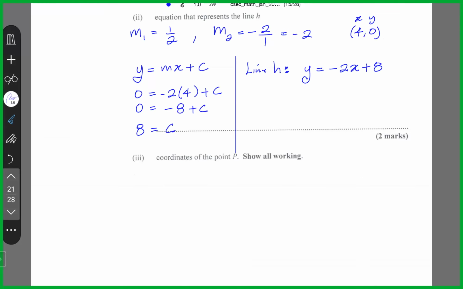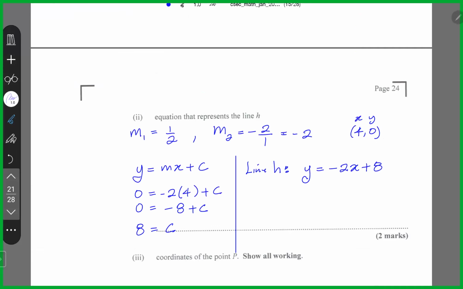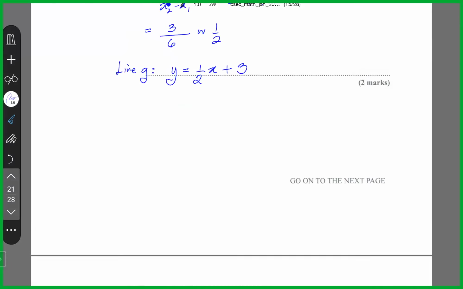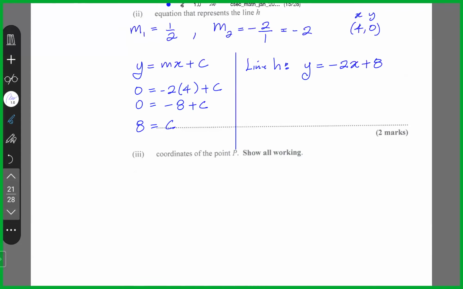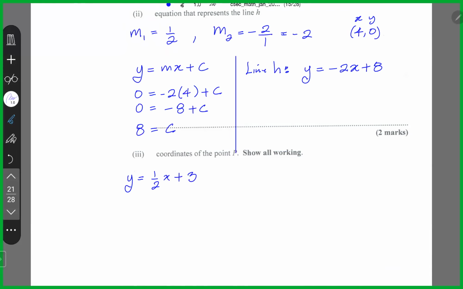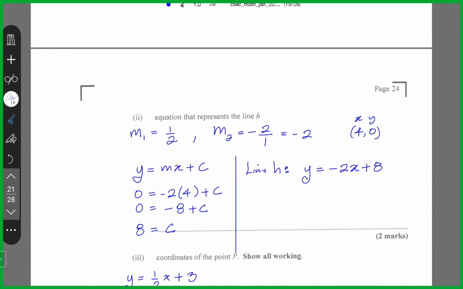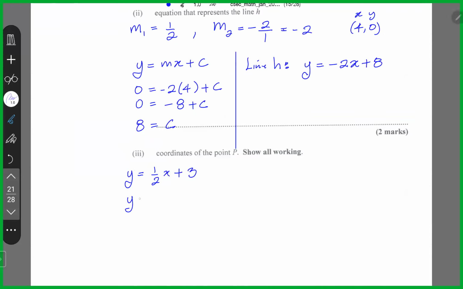We have two lines. G is y equals a half x plus 3, and H is y equals -2x plus 8. This is equation 1 and this is equation 2.